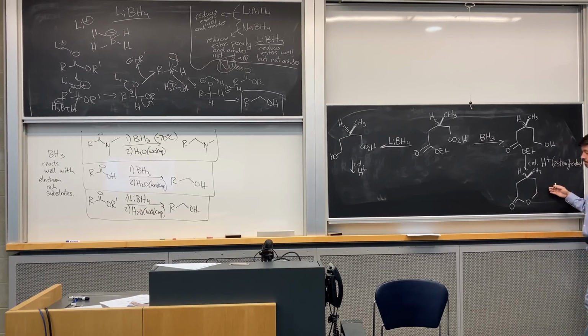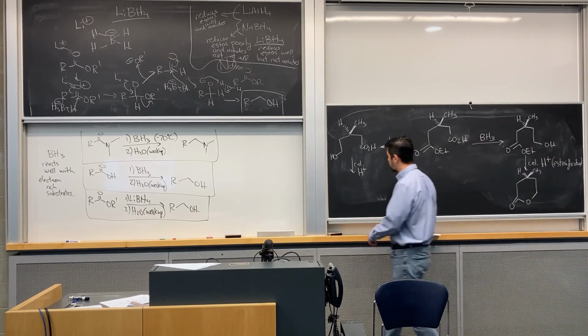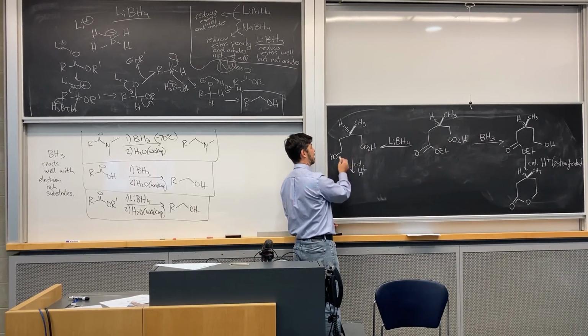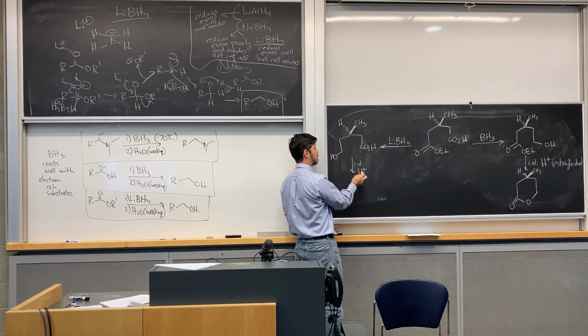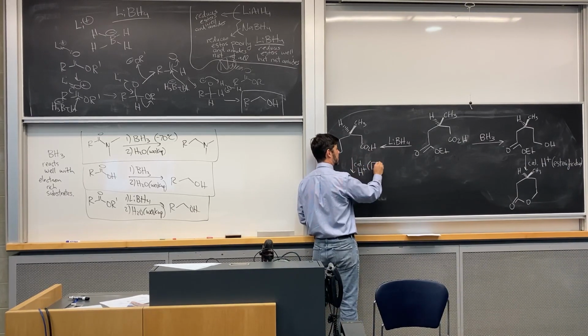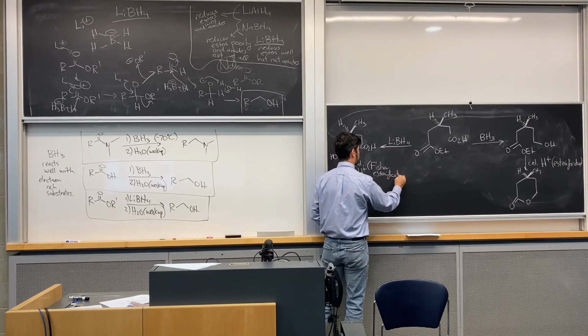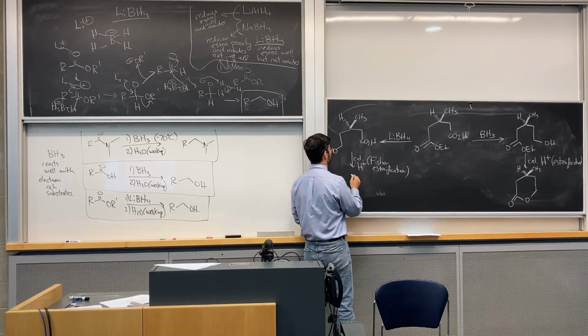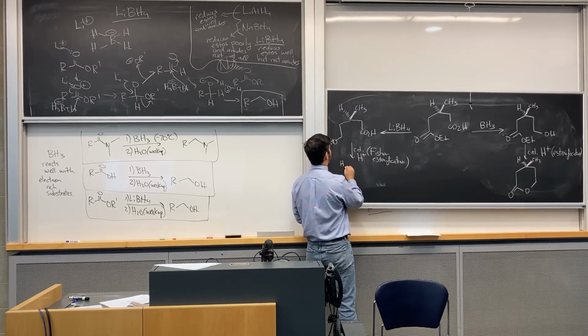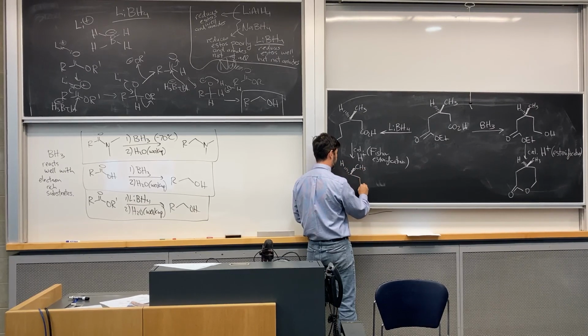There's your lactone. If you do the same thing over here, you have a carboxylic acid with an alcohol and catalytic proton. This undergoes something called Fischer esterification, and you'll also generate, in this case, a lactone. Your lactone will look like this.